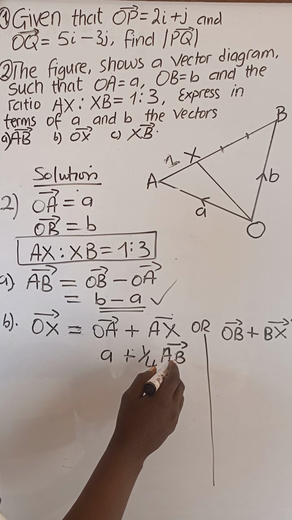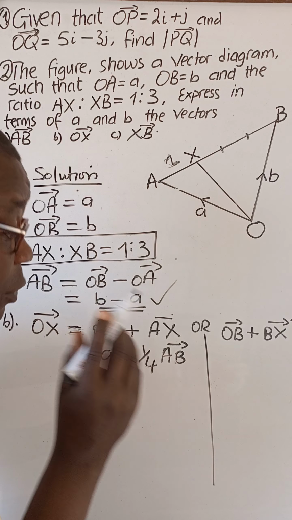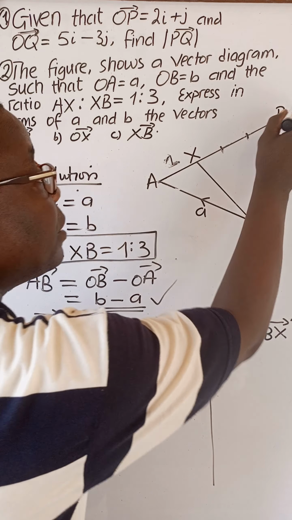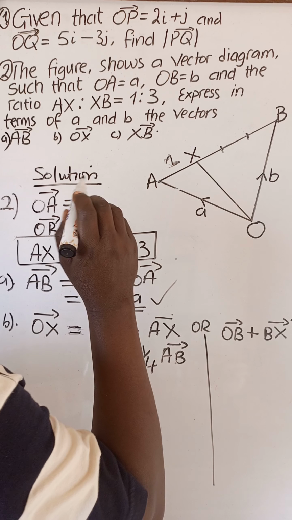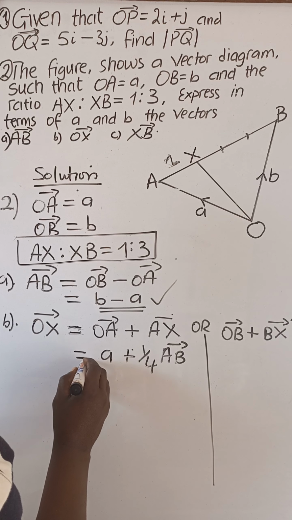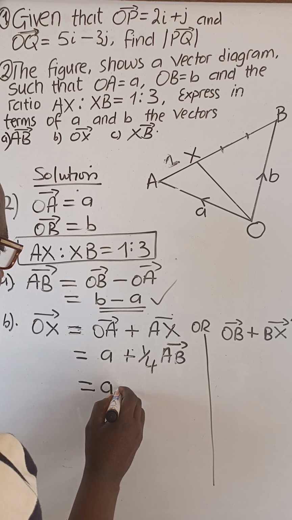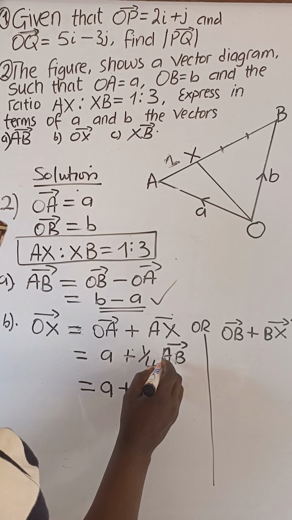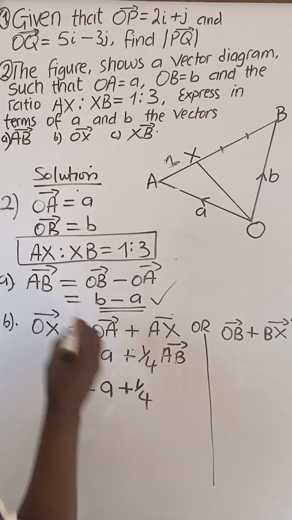Okay? Again, the direction is very, very important. We're working with vectors. AB is not the same as BA. You should be very, very careful. So this simply means we have A plus 1/4 AB. We already had AB earlier on.